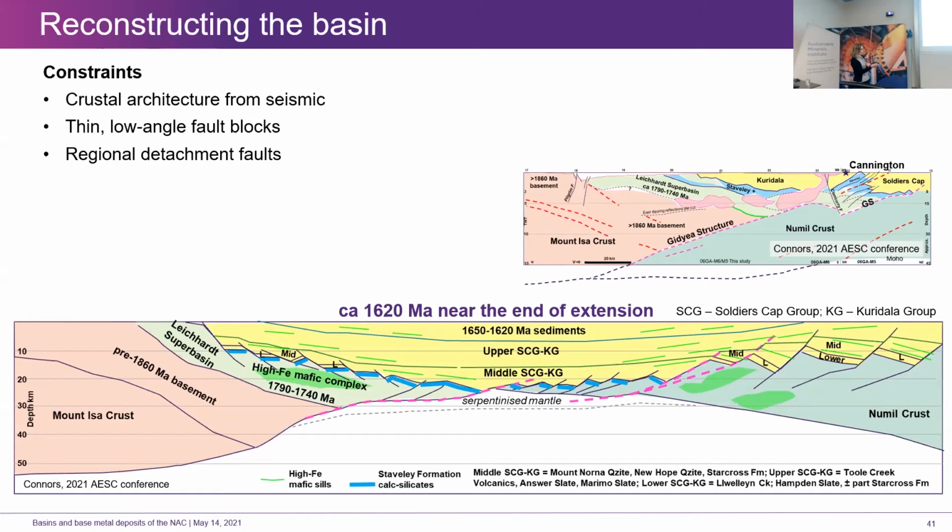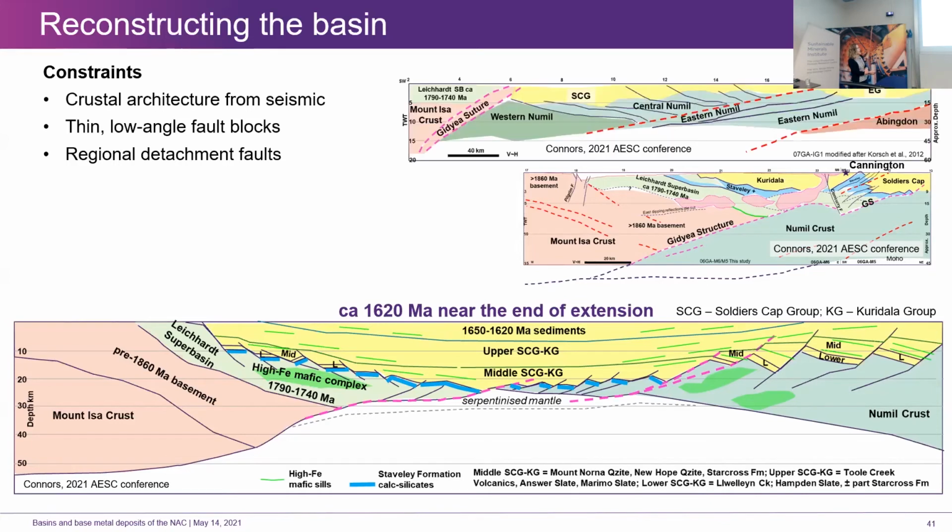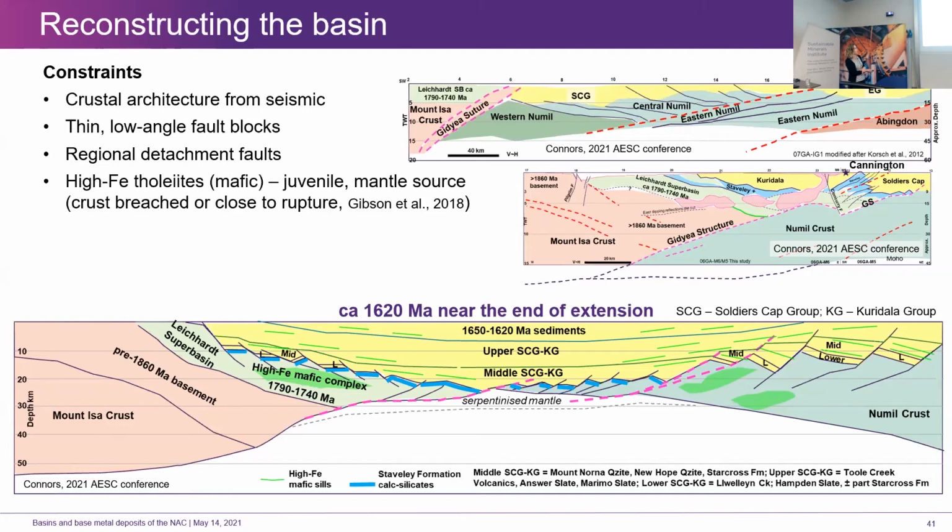I've got the Leichhardt super basin sitting over top of it, so you can see the highly thinned crust with a very thick basin sitting over top. And the Numil crust in the east is thinner. We've got a thinner, more tapered wedge dominated by low angle fault blocks, and we see that from the other IG1 seismic line further north.